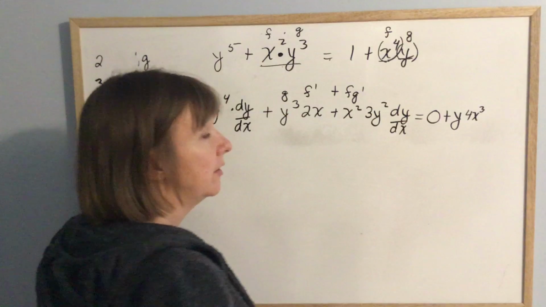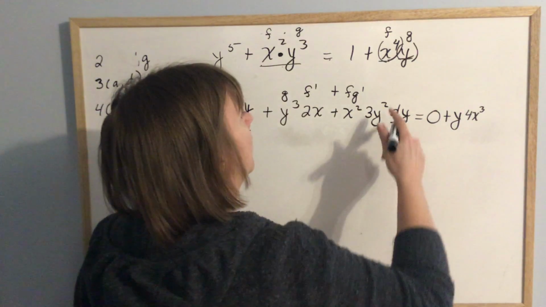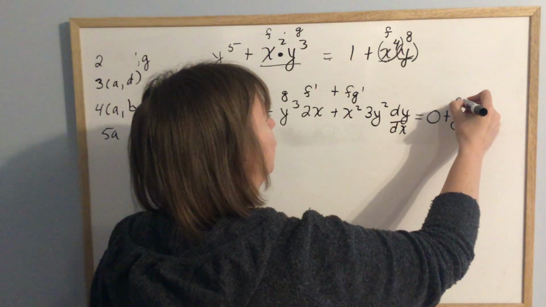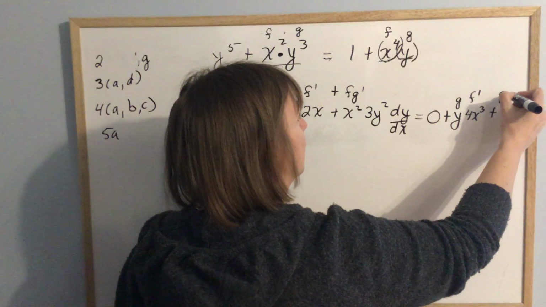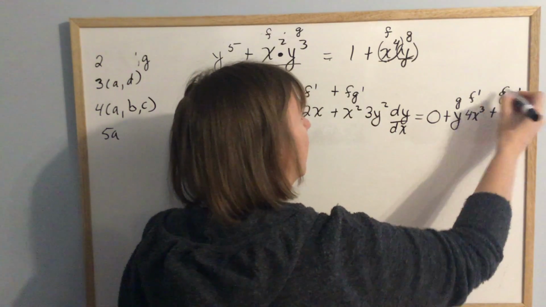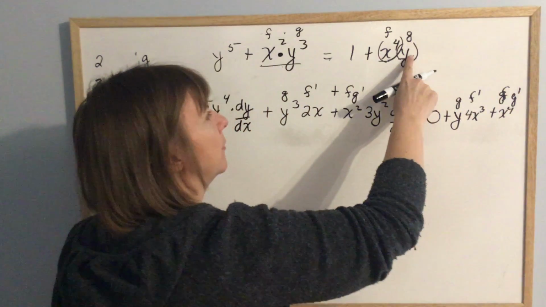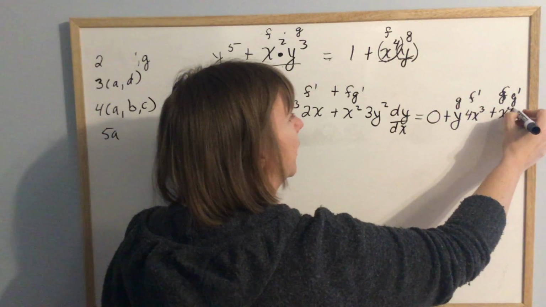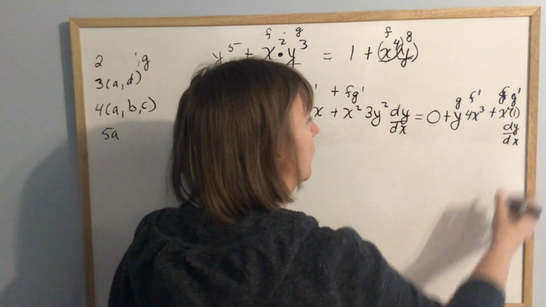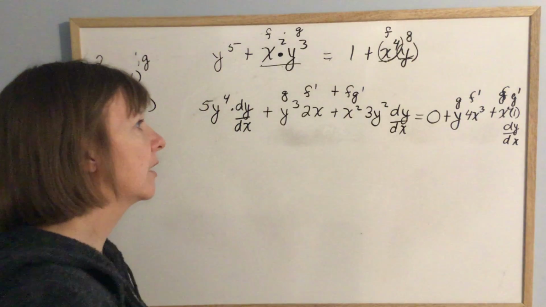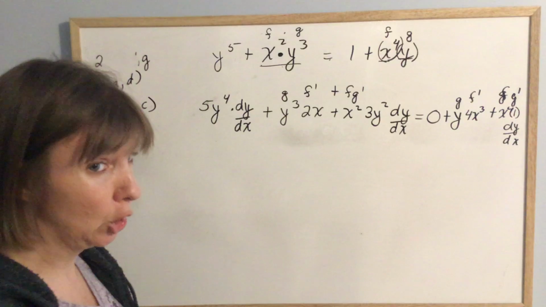And again, I could say I did the derivative of x with respect to x, but I don't need to. Plus, so that was my g f prime, plus now I have to do f g prime. So f would be x to the 4th. G prime, the derivative of y is 1, but I have to say I did the derivative of y with respect to x. So this all of a sudden got very, very long.